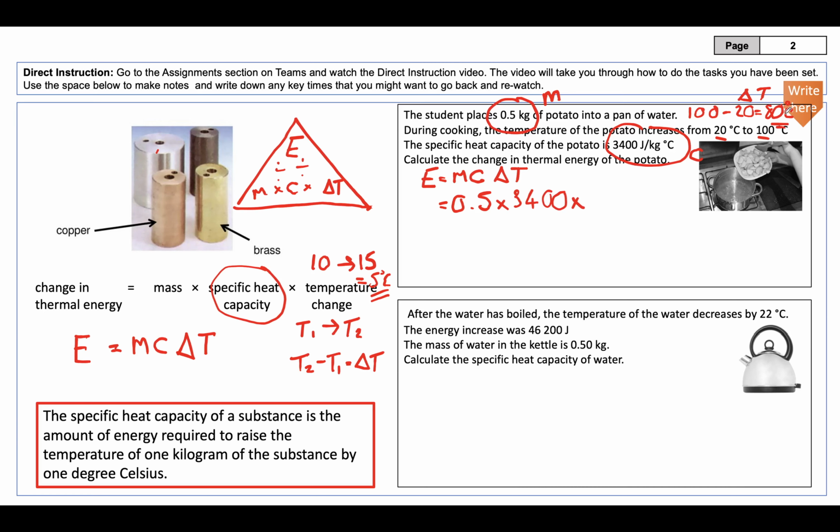And the change in temperature, which we worked out a few seconds ago, was 80 degrees Celsius. I'll type that into my calculator. 0.5 times 3,400 times 80, 136,000 joules. So that is 136.